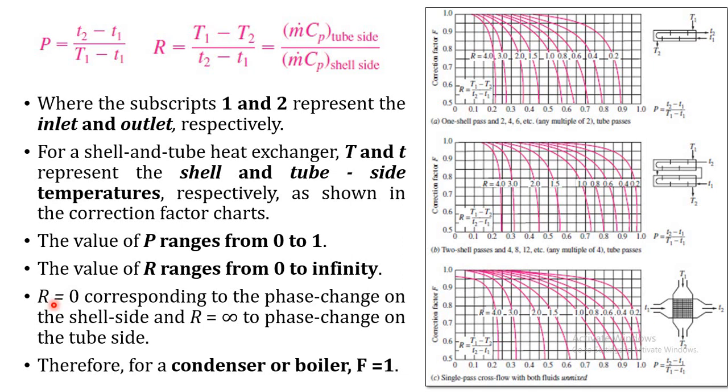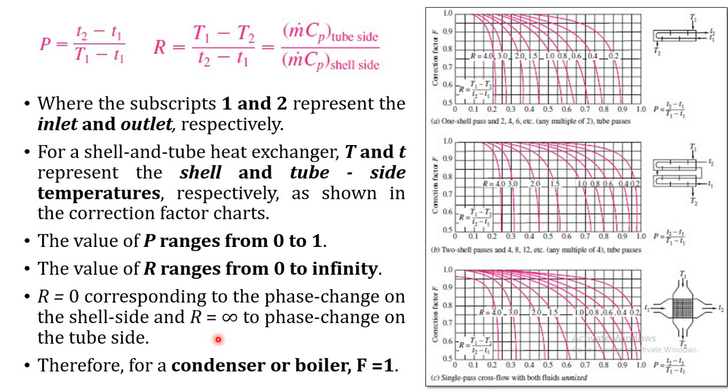So R is equal to 0 corresponds to phase change on the shell side, and R equal to infinity corresponds to phase change on the tube side. If the tube side fluid experiences phase change, the denominator will be 0, so the value of R will be infinity.